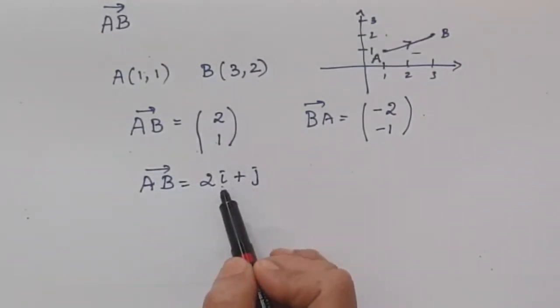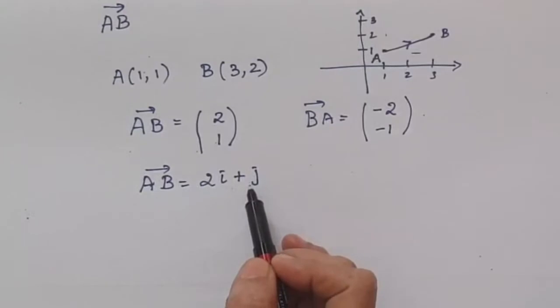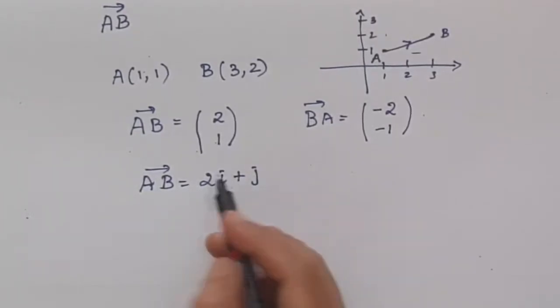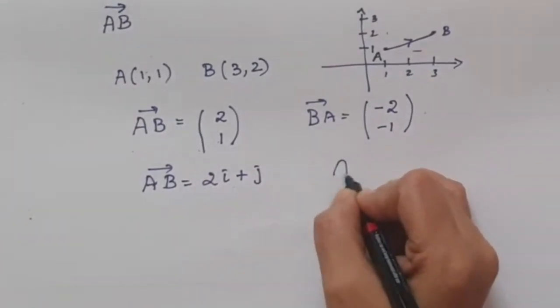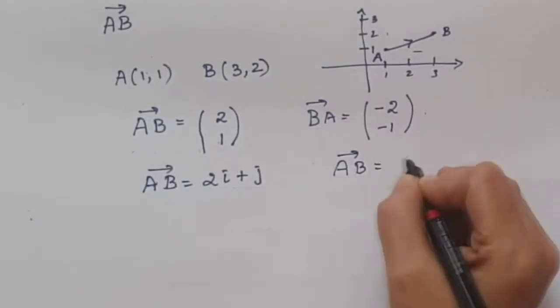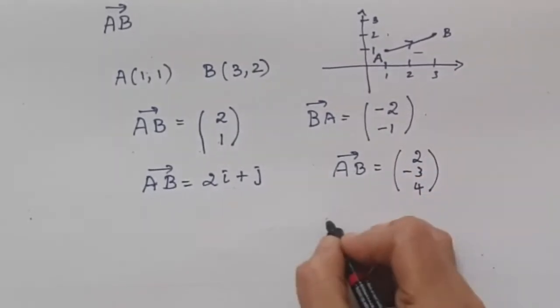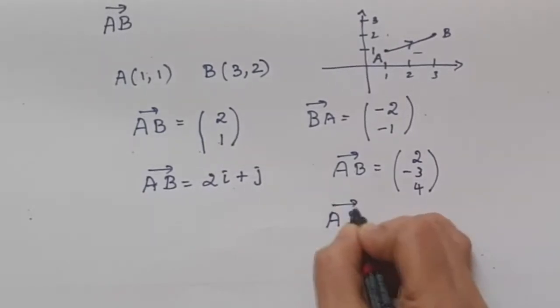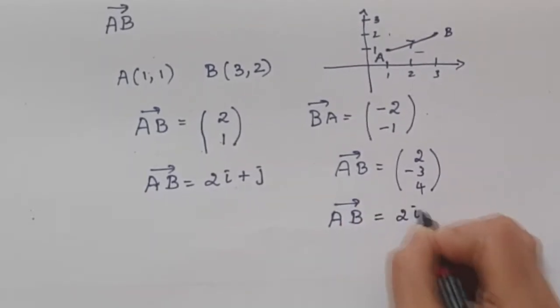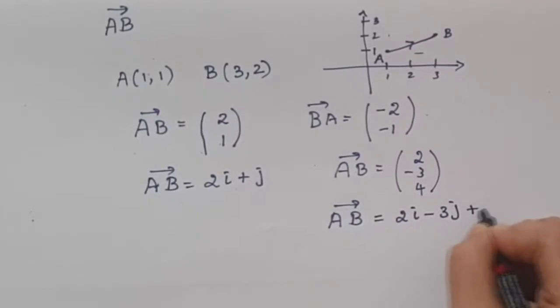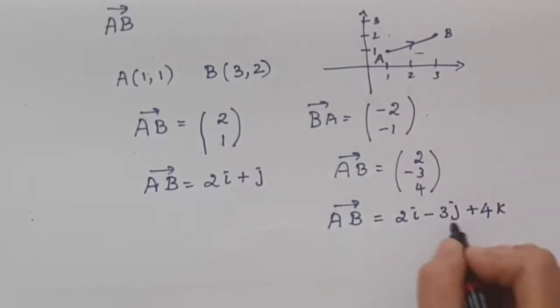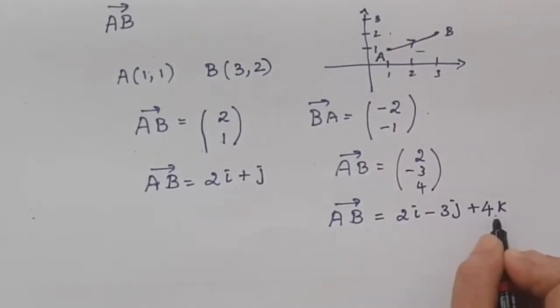The x coordinate we write in terms of i and the y coordinate in terms of j. If it is a 3-dimensional vector, AB equal to (2, -3, 4) can be written as 2i - 3j + 4k. So i, j and k are x, y and z.